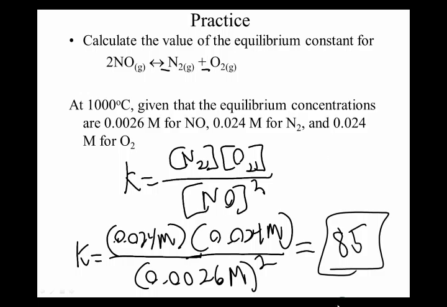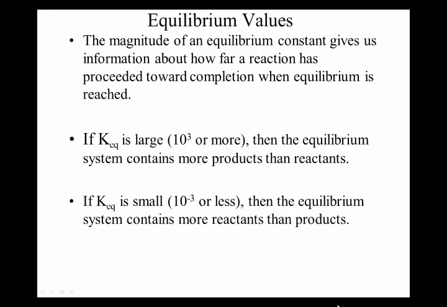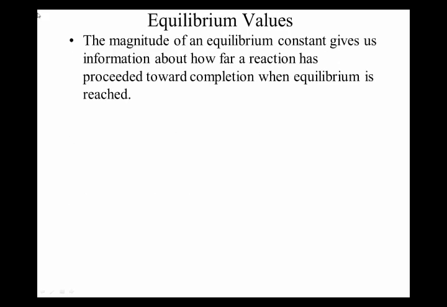So let's talk about what that means a little bit. The magnitude, the value of the equilibrium constant gives us information about the ratio of products to reactants at equilibrium. So how far towards completion, exhaustion of the reactants, does the reaction get when equilibrium is reached?